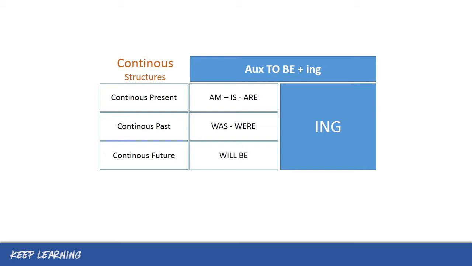Like I am working, he is working, they are working. Continuous past is with was or were, depending on if you have plurals or singulars. And the continuous future will use will be for everybody, ended with an ing form verb.